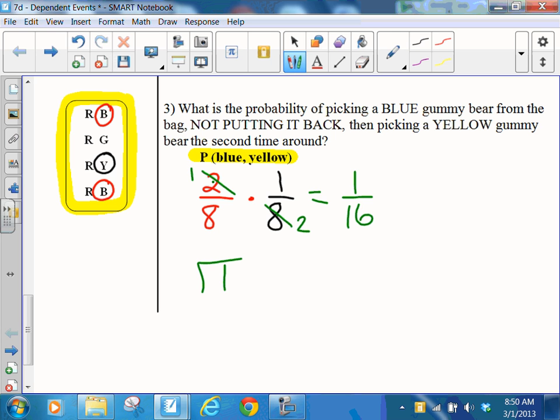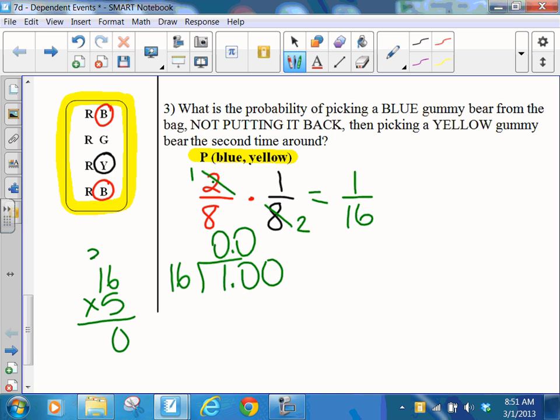1 divided by 16 goes in 0 times. We add our decimal and a 0. 16 goes into 10, 0 times. We add another 0. 16 goes into 100 maybe 5 times, maybe 6. Let's try 5. 16 times 5 is 80.